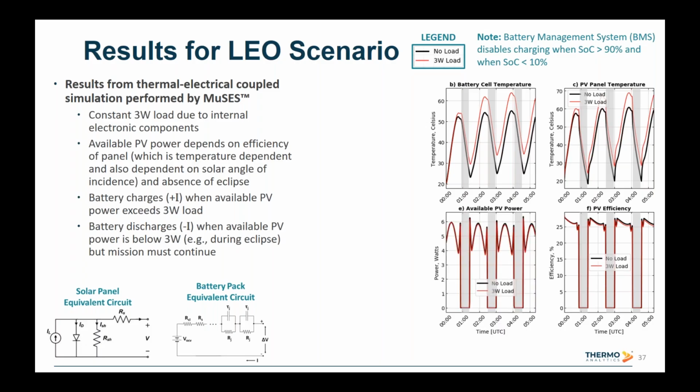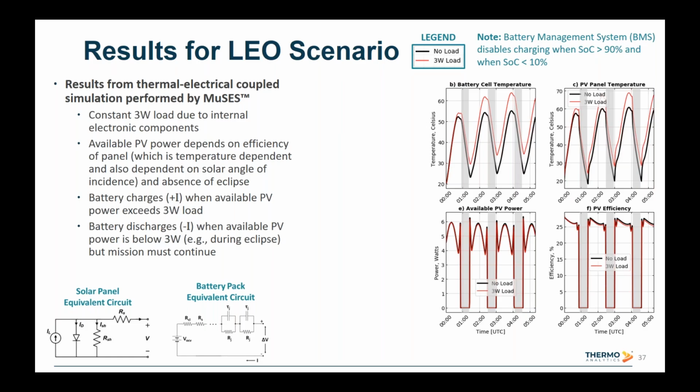The efficiency of the satellite affects the available power that's being harvested by the solar cells. And so we see during the eclipse regions, there's 0 watts available. And then while the satellite is lit by the sun, we can predict how many watts are going to be harvested by those solar panels. And keep in mind that in all these demonstration models, we're just using a constant 3-watt load.